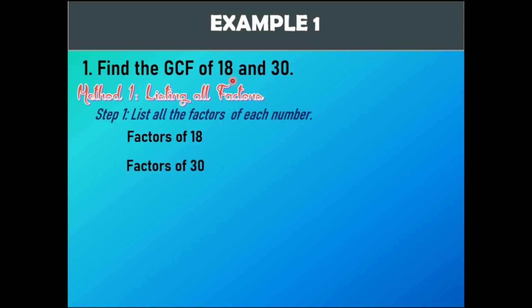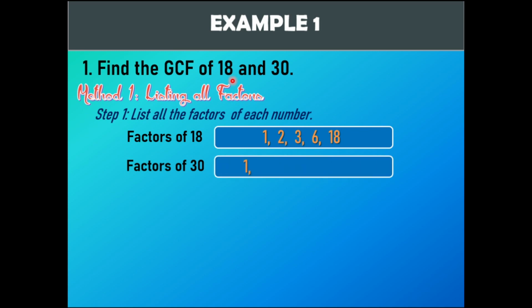Factors of 18 are 1, 2, 3, 6, 9, and 18. Factors of 30 are 1, 2, 3, 5, 6, 10, 15, and 30.